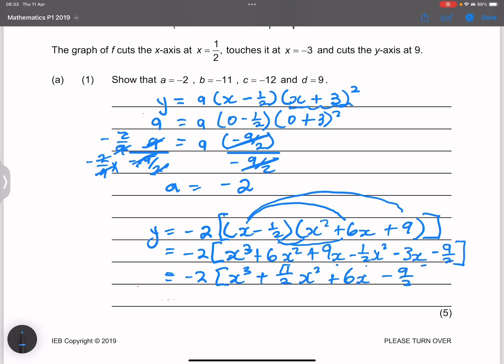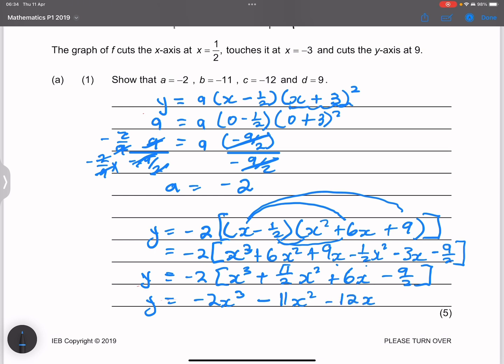Okay, and we can multiply all throughout by that -2. And what do we get? Negative 2x cubed minus 11. 2 times 11 over 2 would give me minus 11x squared. 2 times 6 would be negative 12x.